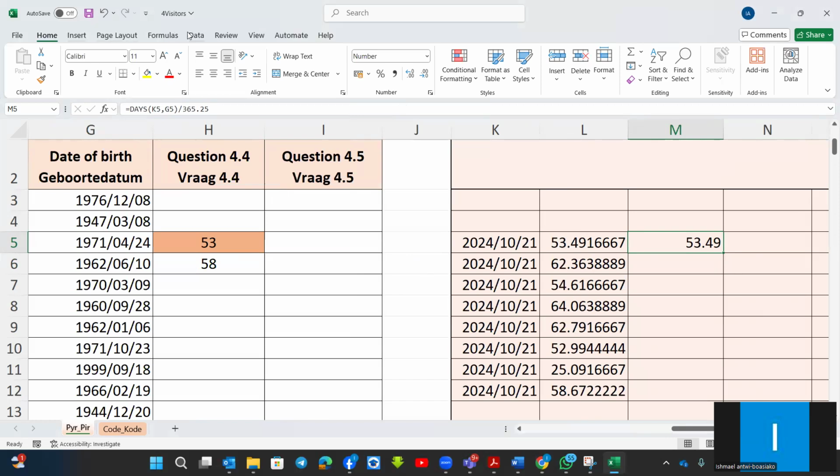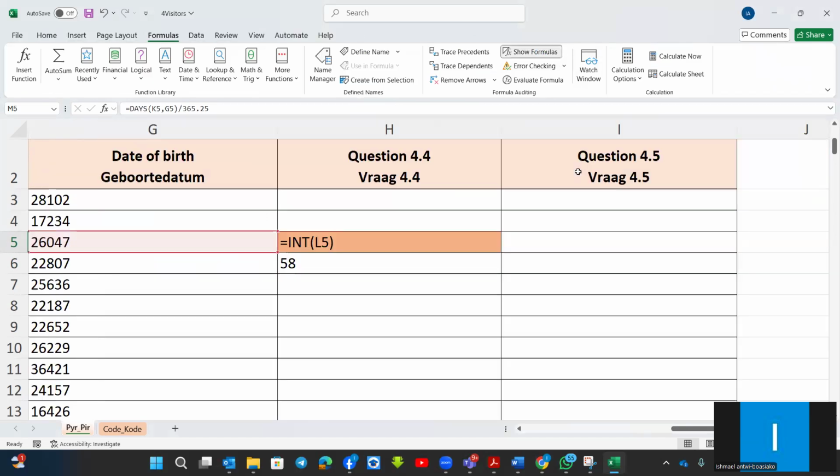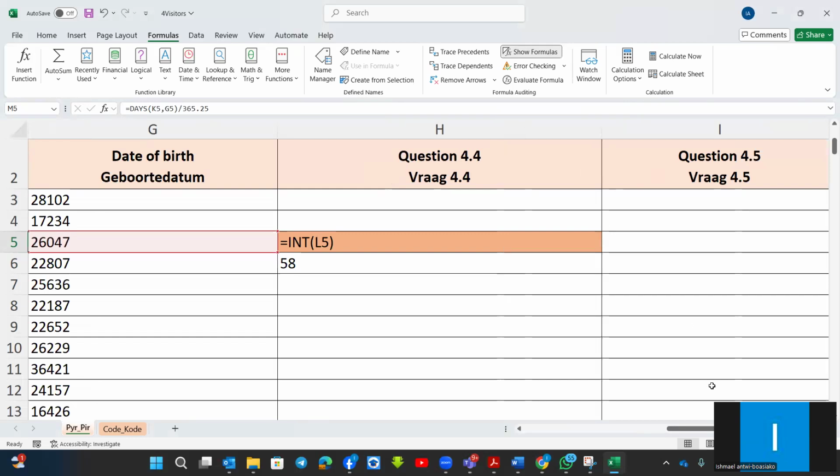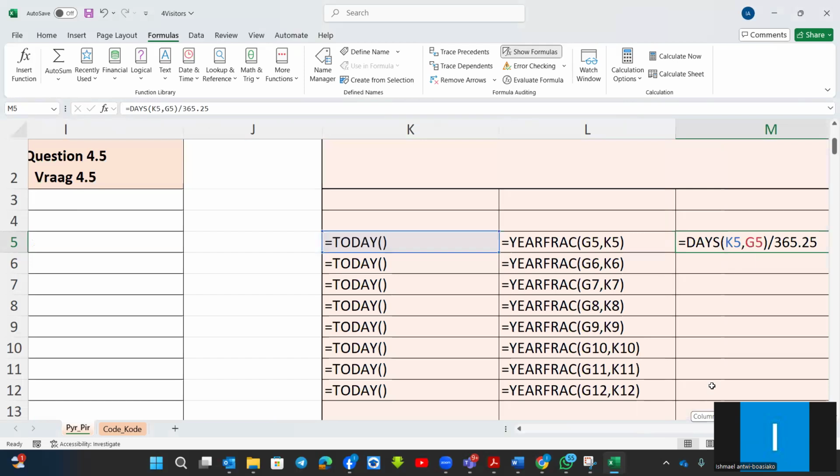So basically, whenever you are calculating days, you use the DAYS function. And then if you are calculating years, you can use the YEARFRAC function to calculate the number of years, or you can use the days divided by 365.25.